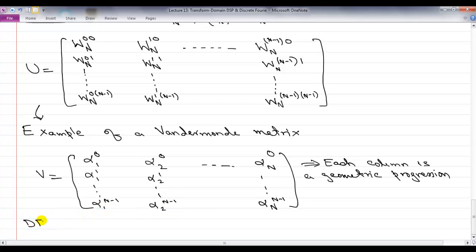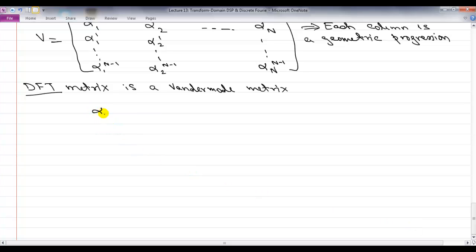So the DFT matrix is a Vandermonde matrix with simply alpha 1 equal to Wn^0, alpha 2 equal to Wn^1, and alpha n equal to Wn^(n-1).